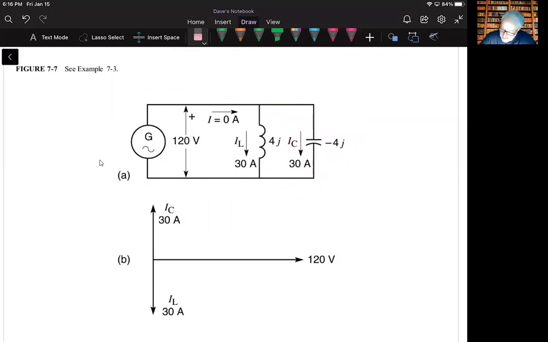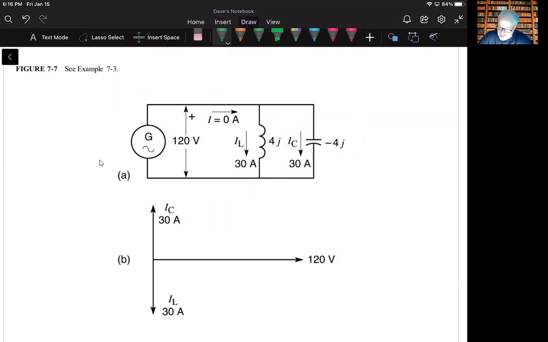We're going to make this simple and easier to understand by giving the capacitive reactance equal to the inductive reactance. So the capacitor is minus 4j and the inductor is plus 4j.